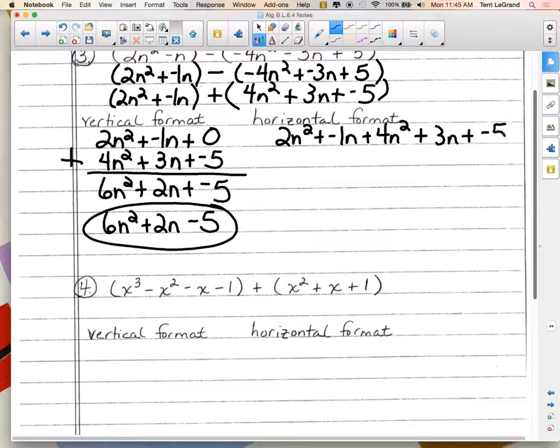And we're only going to have 5 terms because one of them had 2 terms, the other had 3, so altogether it has 5. We don't need placeholders when we do it horizontally. We just need to group like terms together. So we say, well, we got n squareds here and there, so we'll bring those together at the front.